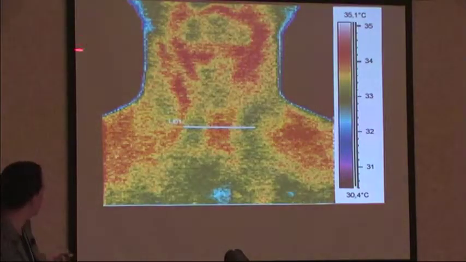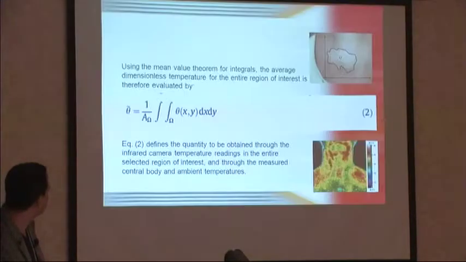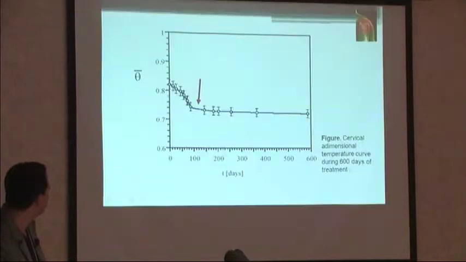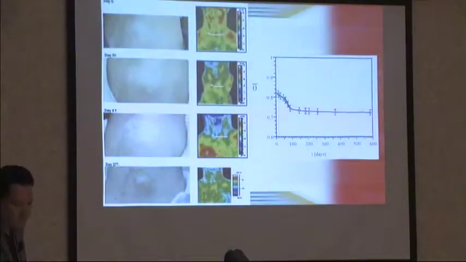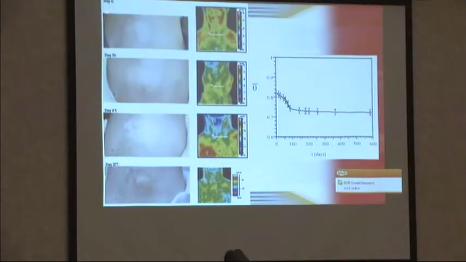And this is the first image, showing the problem. So during 600 days of treatment, we measured the dimensional temperature of that region. Here are the pictures on the 0th day and the 8th day.